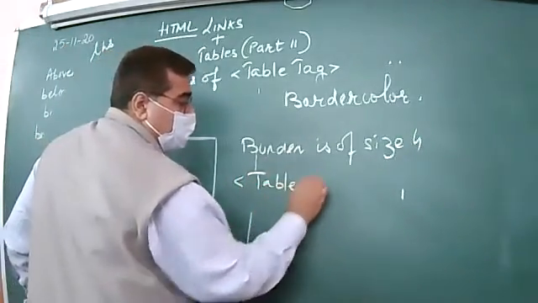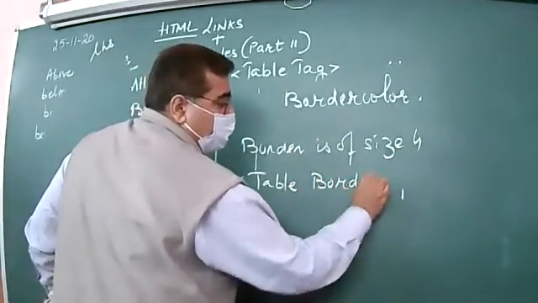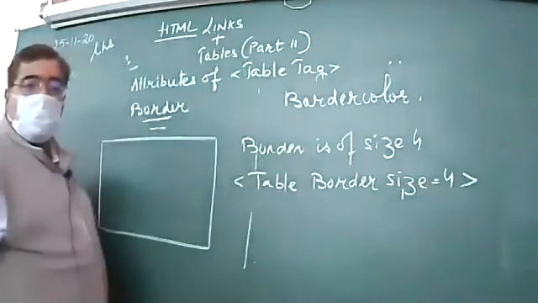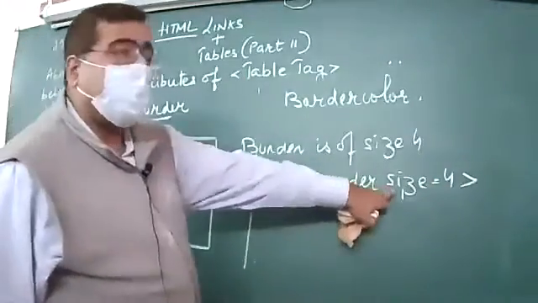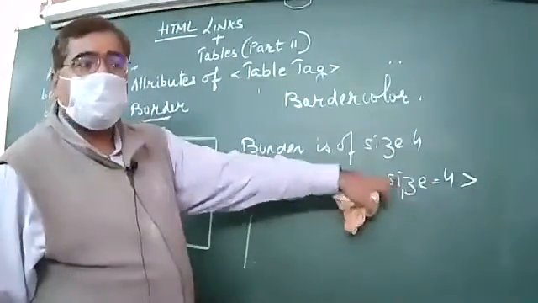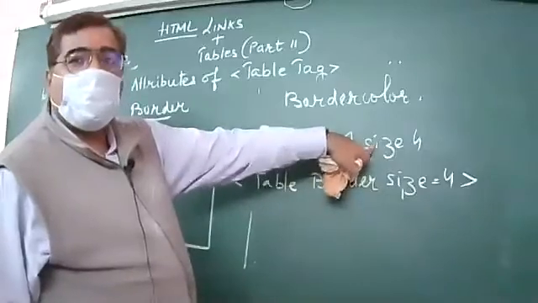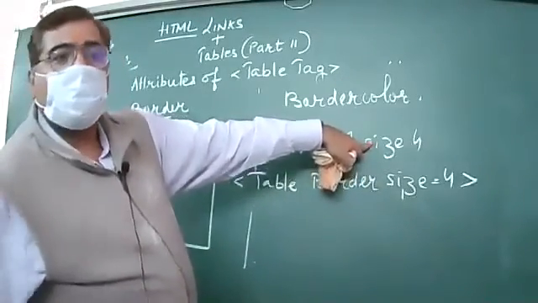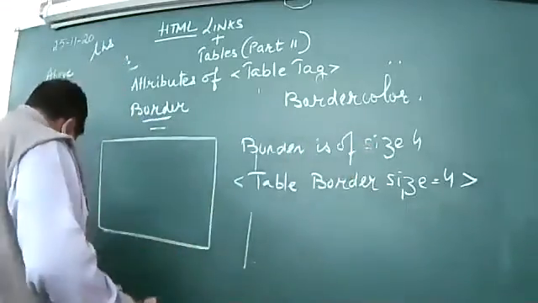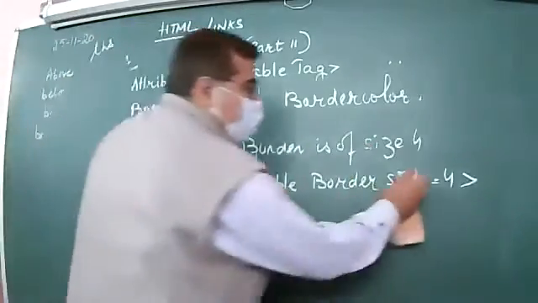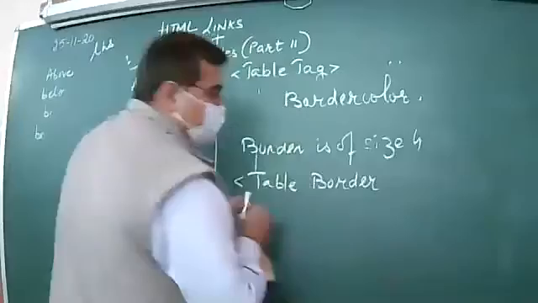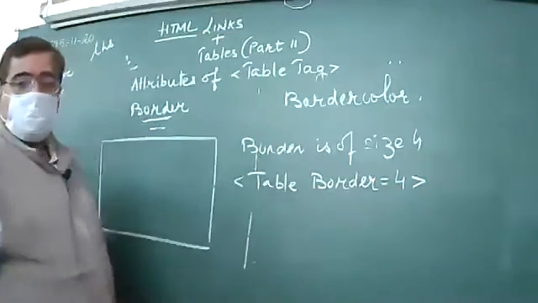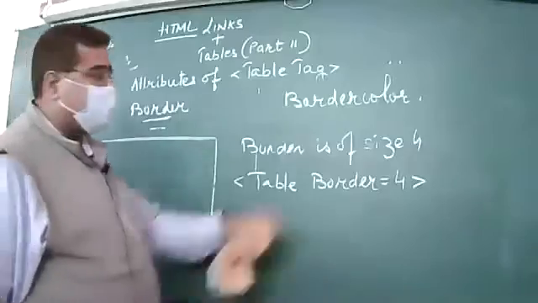Table, border, size equal to 4. Size is not a word to be written over here. This is just to convey you a message that the thickness of the border is 4, right? But while writing the attribute, you are just to write like this, border equal to 4. Don't write the size word over here.